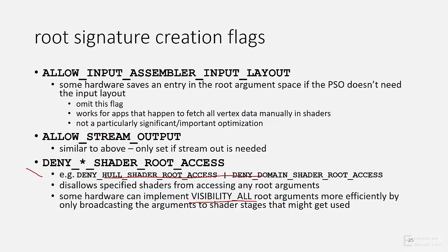So you could use visibility all and a selection of deny flags to turn off shader stages you aren't using, so that you end up with, for example, a broadcast of one root parameter to just the vertex shader and pixel shader if those are the only shader stages that you need to use with a given root signature.